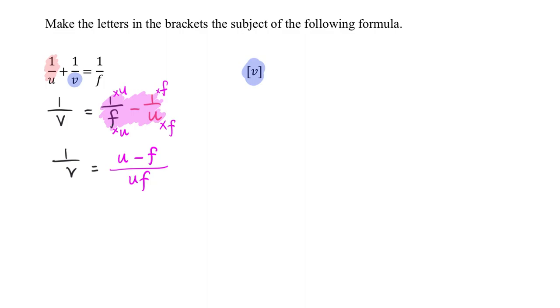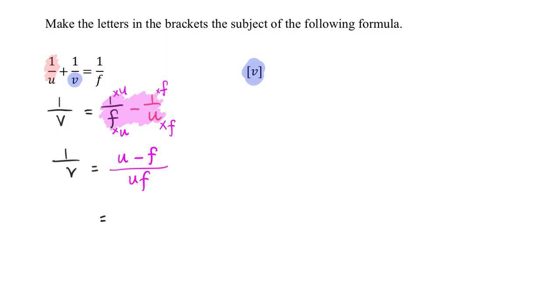So the next thing to consider would then be to make sure that I don't have a denominator. So I would times V on both sides. I also times UF on both sides, so that you will see that my V will be here.